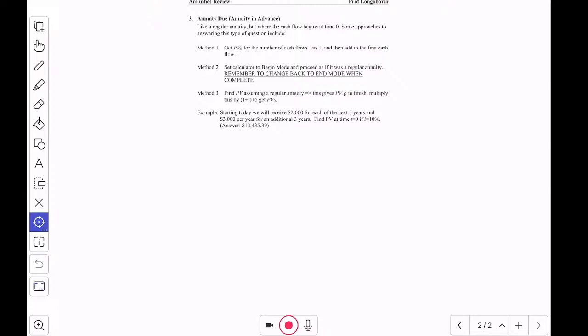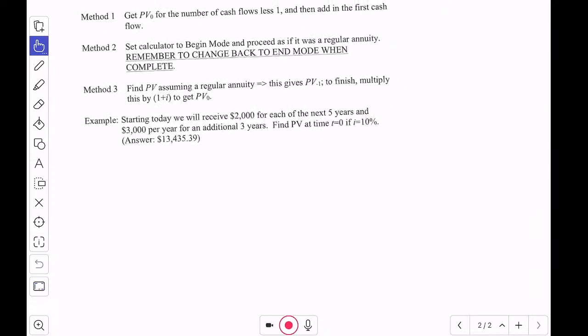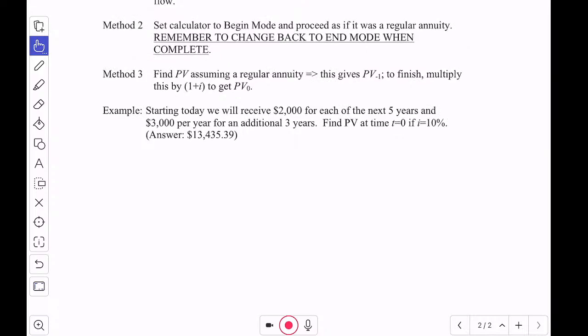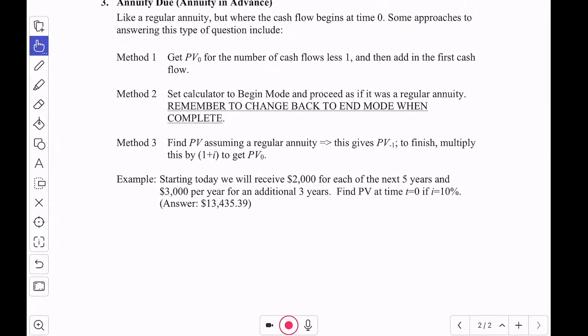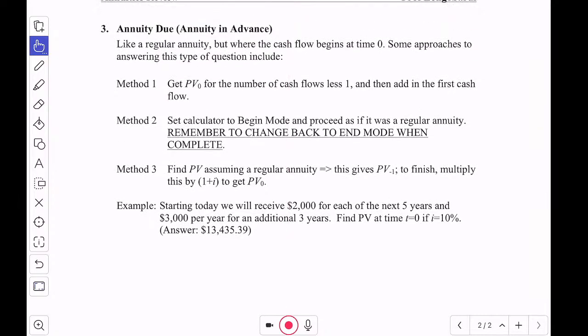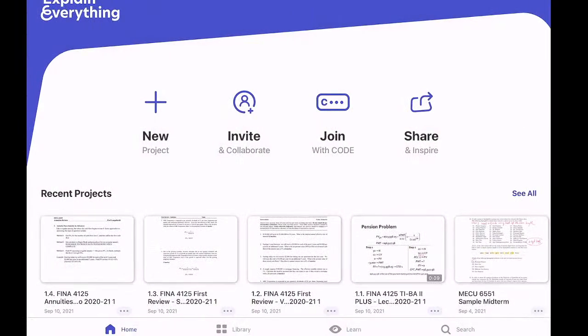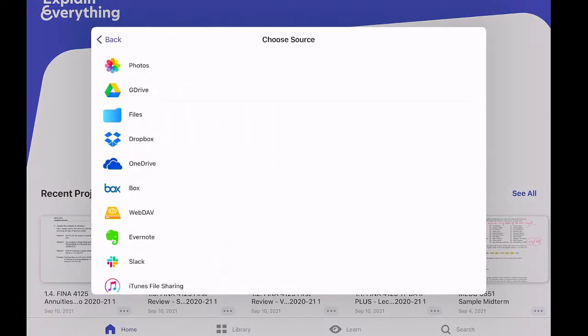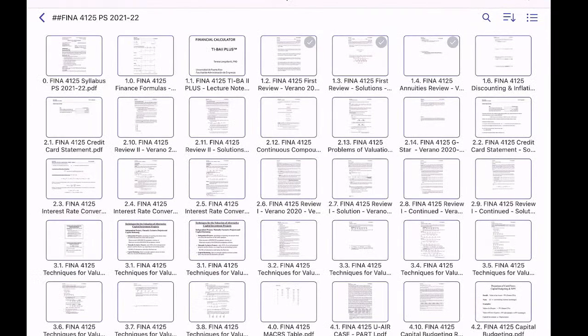And then I give you this problem with annuity due for you to practice whichever method you choose, and I give you the clave on how to do that. So, any questions about this?